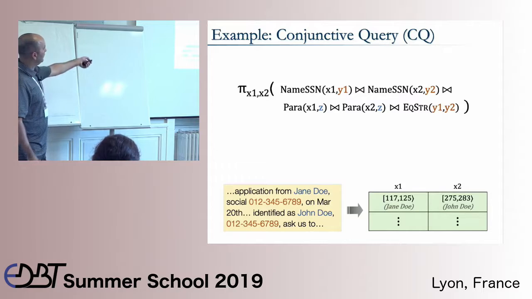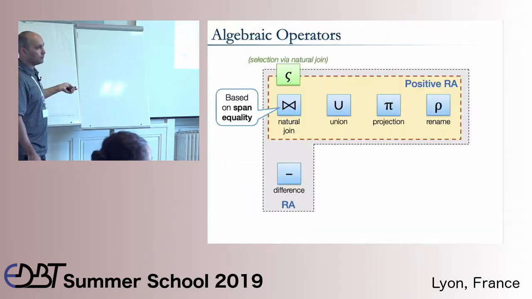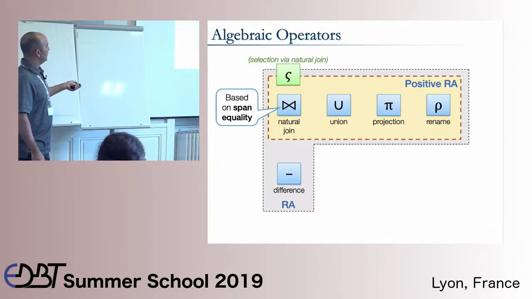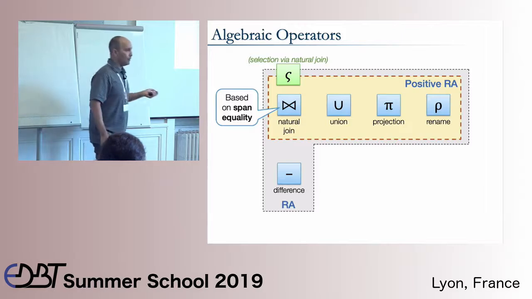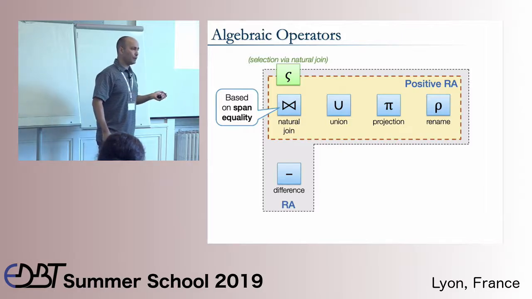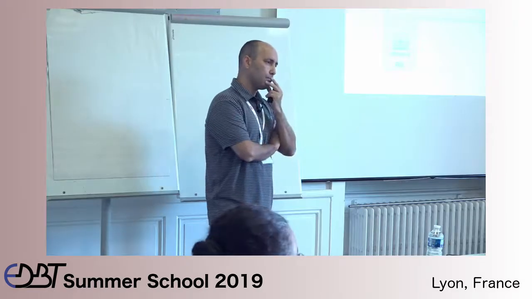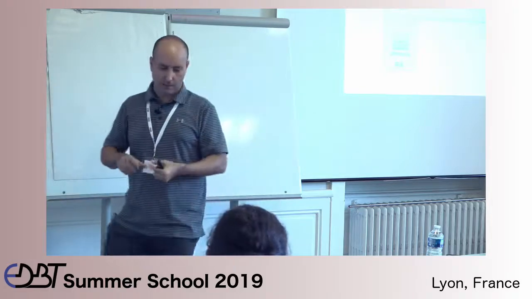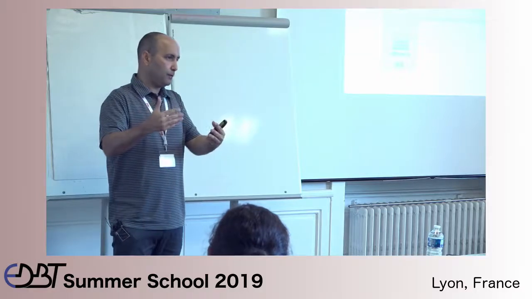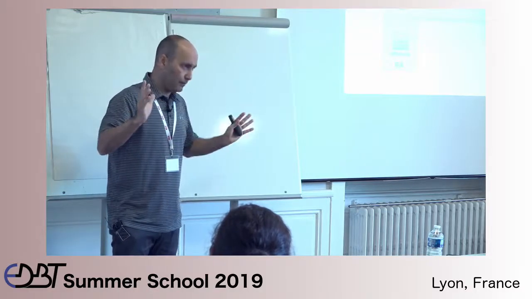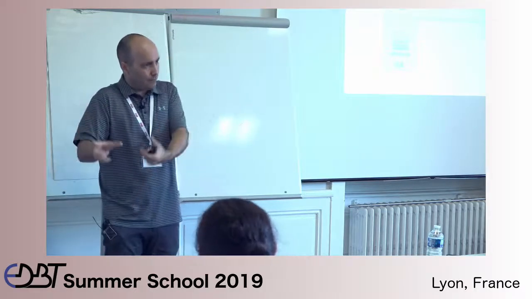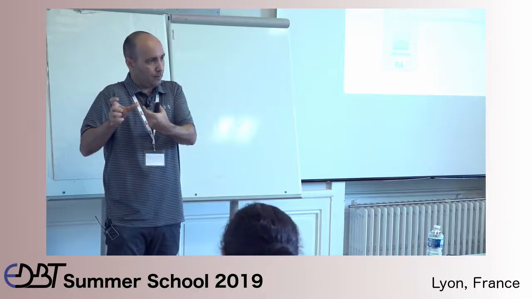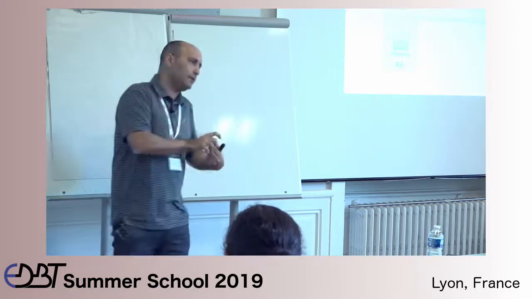Sorry, that means that you have only positive selection. Well, what do you mean by positive selection? Selection with the equality condition. No, so for example, the selection that says the two spans start with different letters. You would construct the spanner that extracts all pairs of spans that start with different letters, and you would do the natural join.